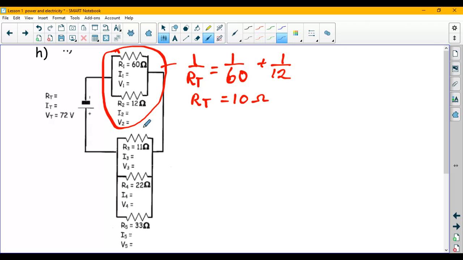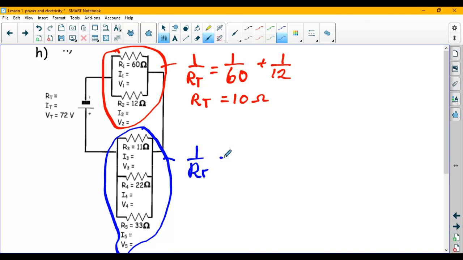Then I'm going to do the same thing for down here. I'll just do it in blue so it's easy to follow. And in this one, I'm going to say 1 over 11 plus 1 over 22 plus 1 over 33.